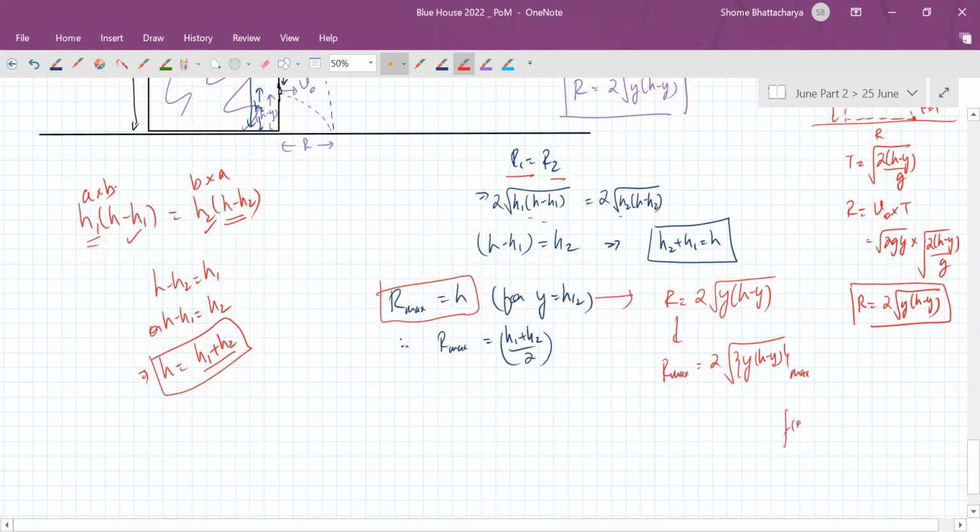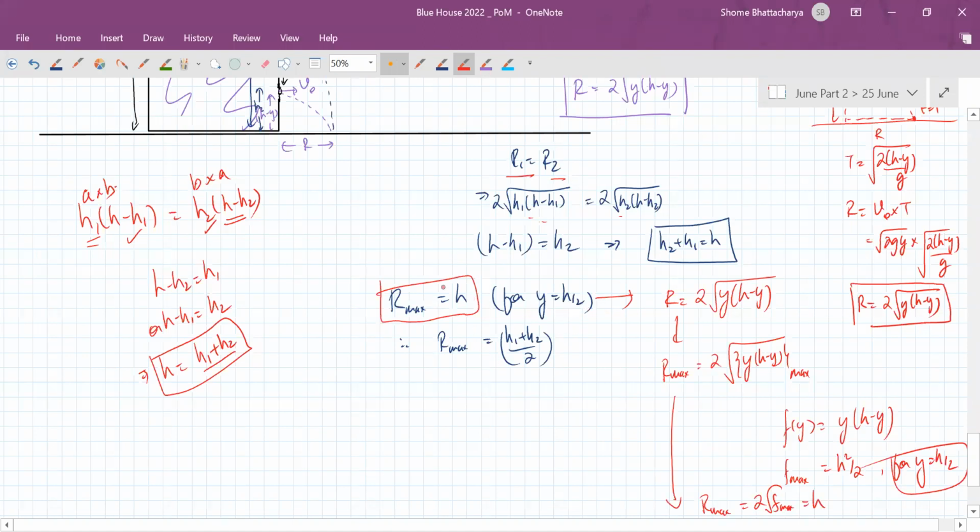So if we think of this as a function, you'll see that the maxima of this function is actually equal to h square by 4, and it is for y equal to h by 2. So the maximum range actually comes out to be h.